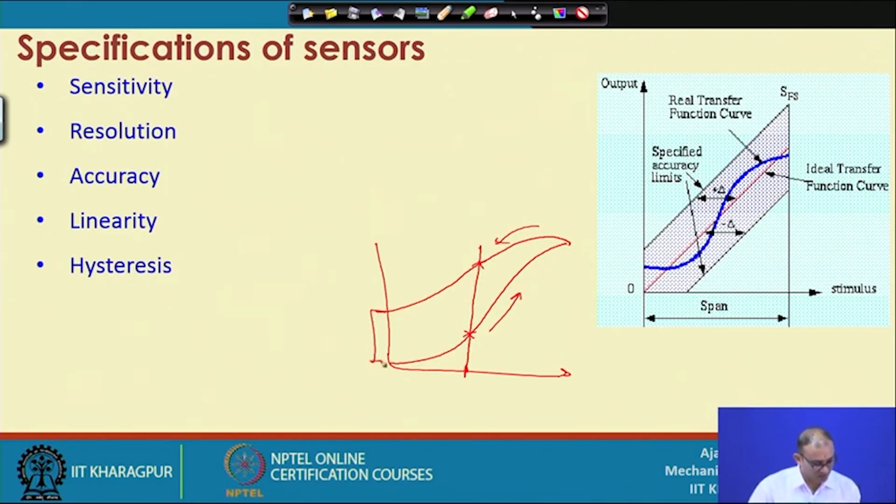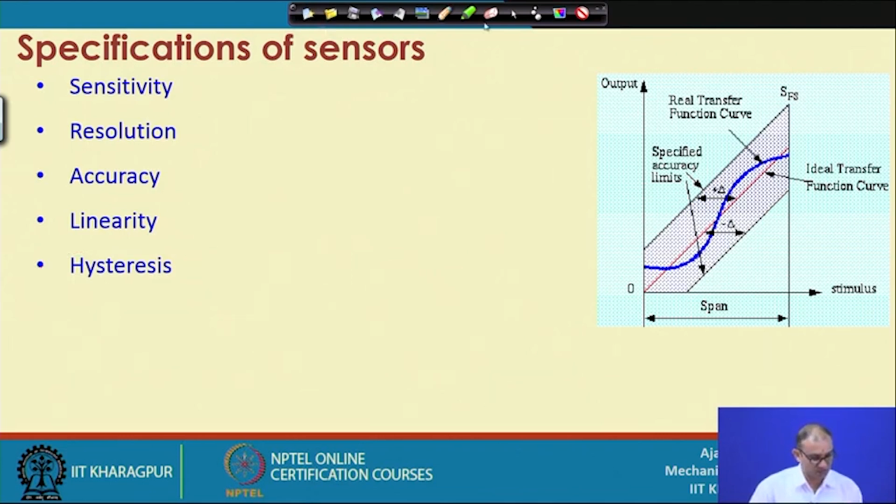This is a remanence value; this much should not be there, and it should come directly to the zero value. This is called the hysteresis loop. When responding, the signal goes along one particular path, and when returning to its original position it takes another path. So you end up with two output values for one input value. Those things should be reduced as much as possible.